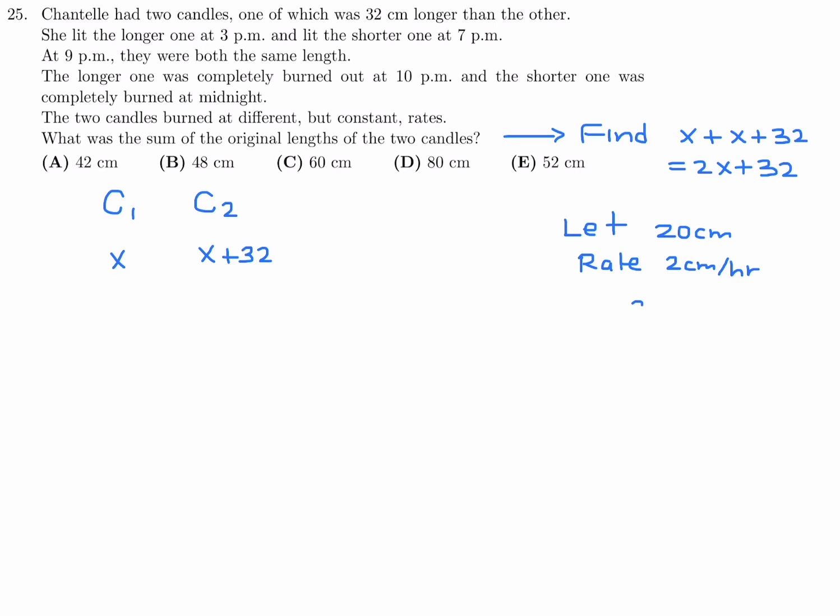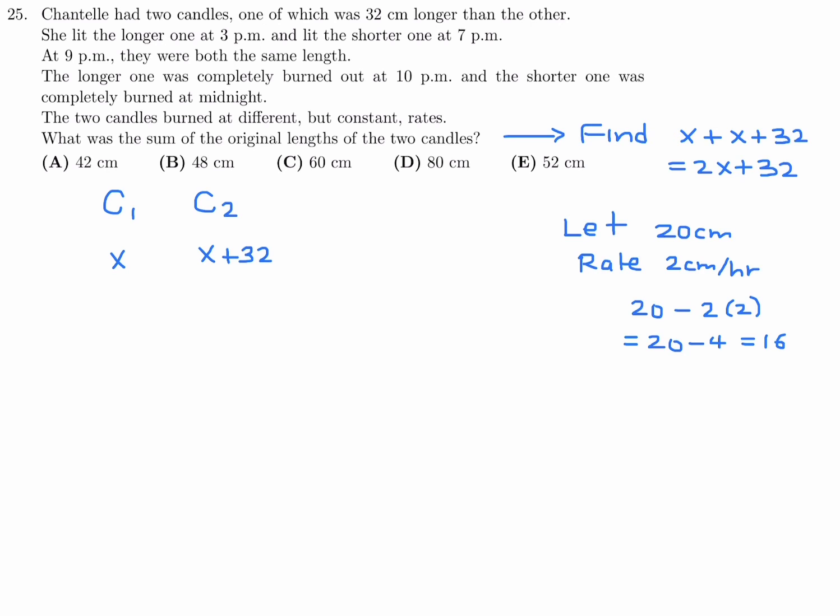Well, it would be 20 centimeters minus 2 times the rate, which is 2, right? So that's going to be 20 minus 4, which is 16. So after 2 hours, the candle is only 16 centimeters, all right? So with a numerical example, I hope you can understand how we're going to do this. So first, before I get into the rates, let me just write out the times.